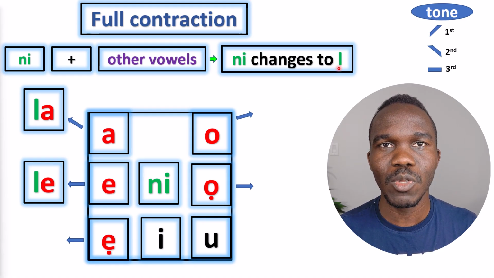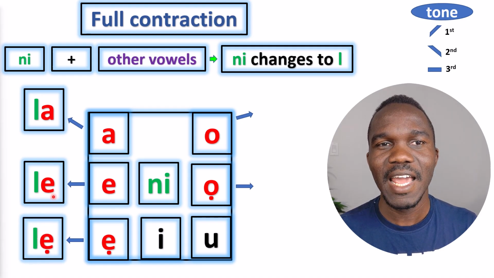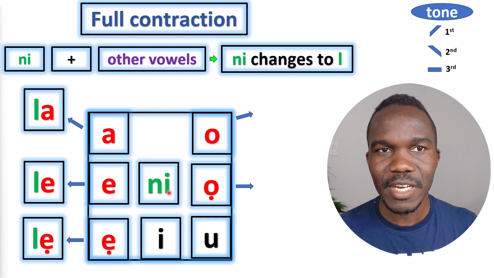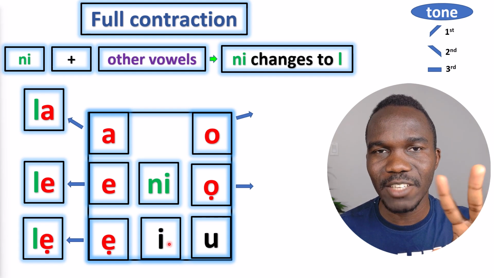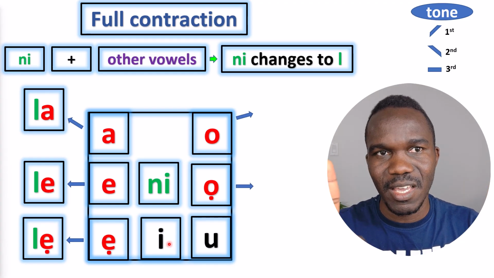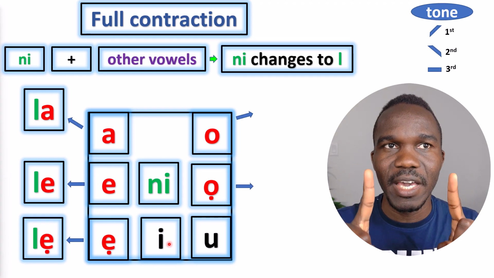Since ni will turn to l, it's going to go with what? Le. So it's la, le. Remember I told you that if ni joins with i, that means it's the same vowel. So it doesn't apply when the next vowel is the same as the ending vowel of ni. So don't forget that.